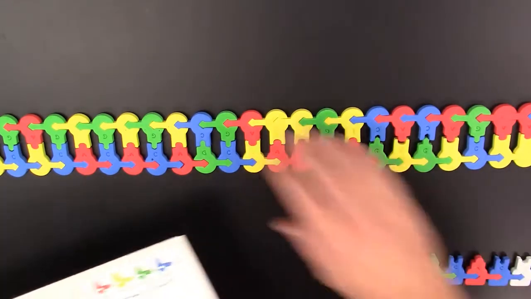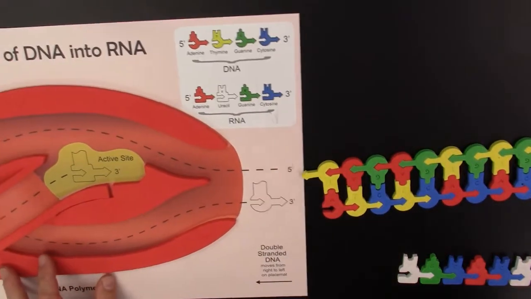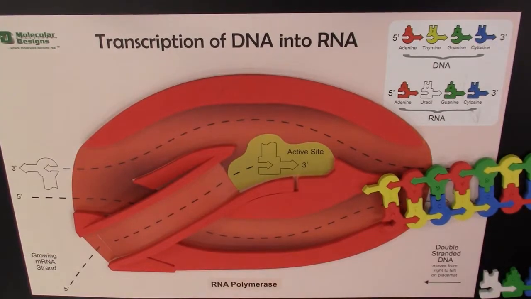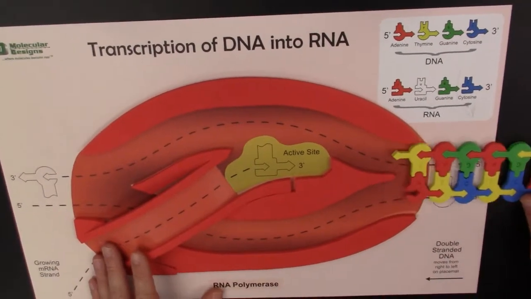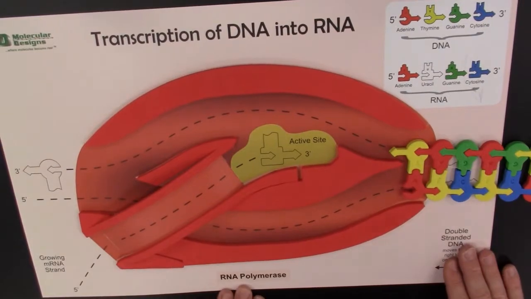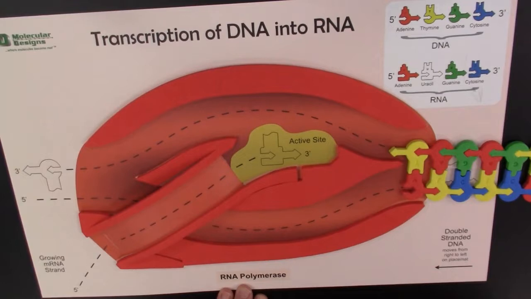So we're moving from DNA into RNA. So here's our enzyme. And just like helicase, RNA polymerase is going to split and help unwind our DNA molecule here.